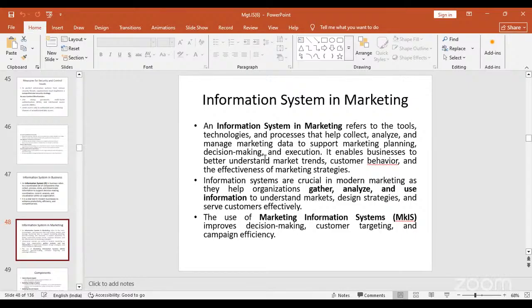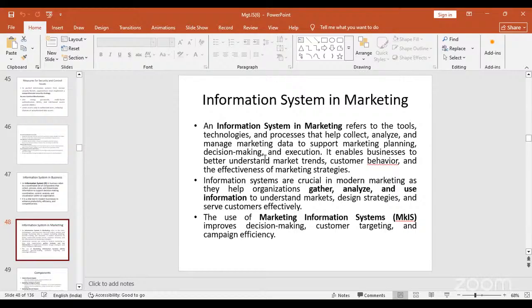What I have discussed now, the MKIS, improves decision making by analyzing the customer data, market data, and competitive market data regarding the products, etc.